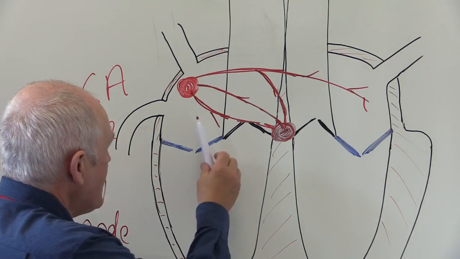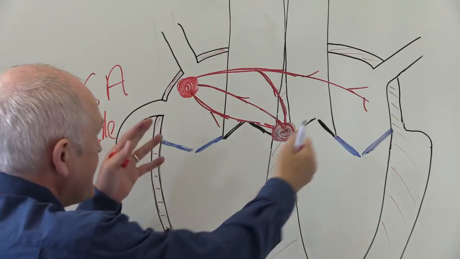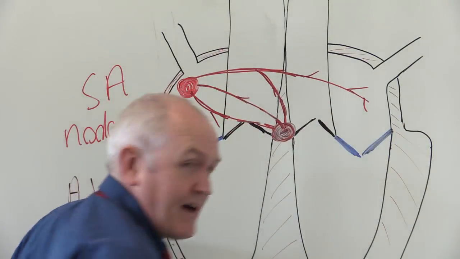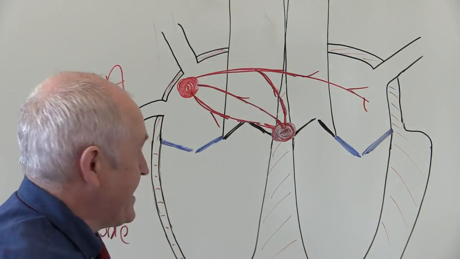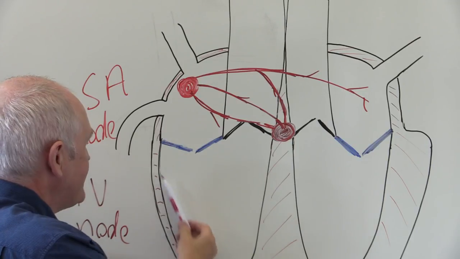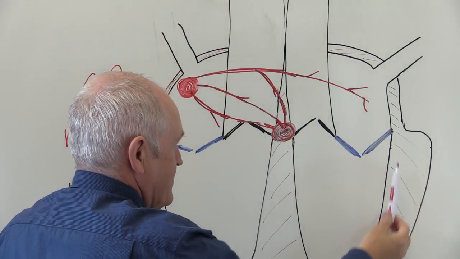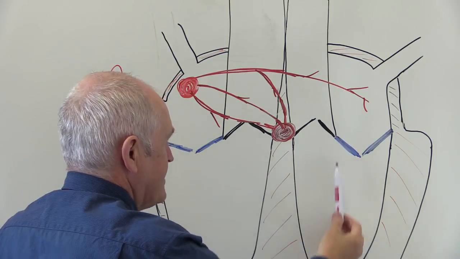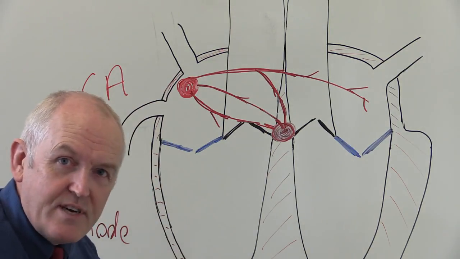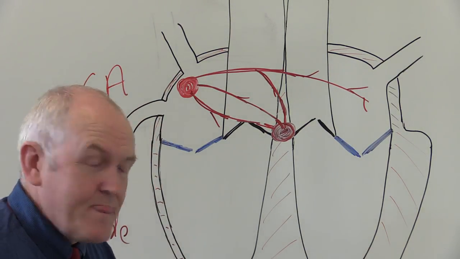So the impulse that gets into the atrial myocardium will cause the atria to contract, but then it will stop at the valvular atrioventricular ring. So the impulse can't get from here down to here, or from here down to here. There is an atrioventricular ring that is electrically resistant.